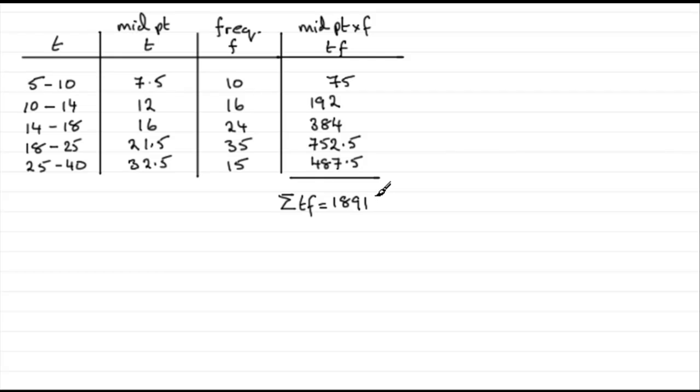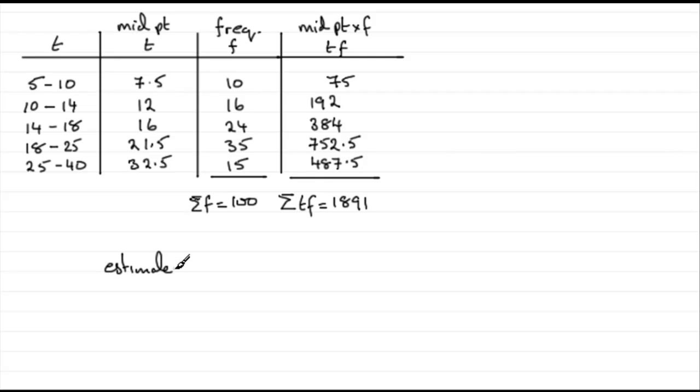1891. And you've got to divide this value evenly by the total frequency. Now if you add up this column, the total frequency, sigma f, comes to 100. So to get the estimated mean, let's just put it in here.